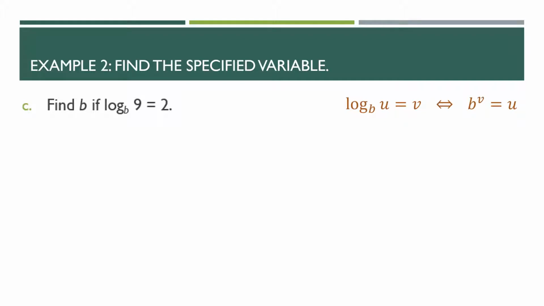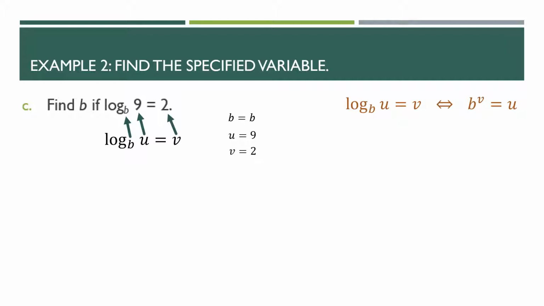Then we take the left-hand side of our definition and write it underneath our problem: log base B of U equals V. Now we match up and figure out what our variables are. B is just B. U is 9 and V is 2.